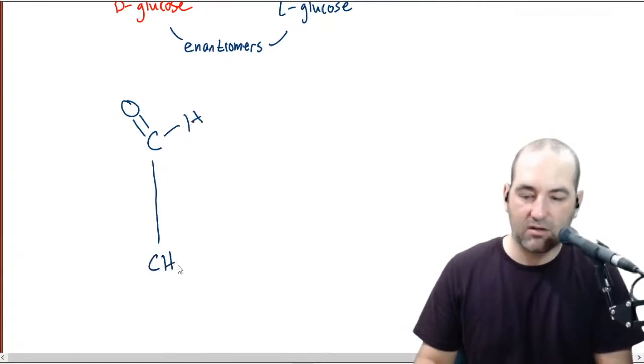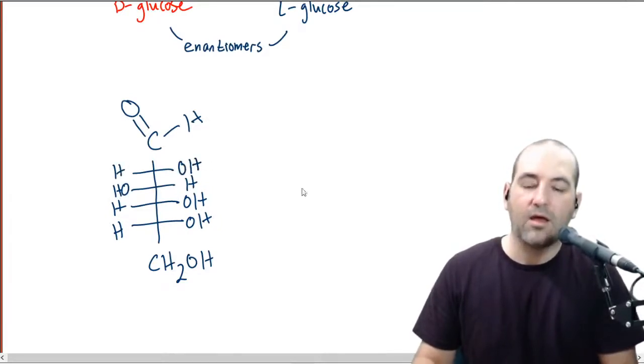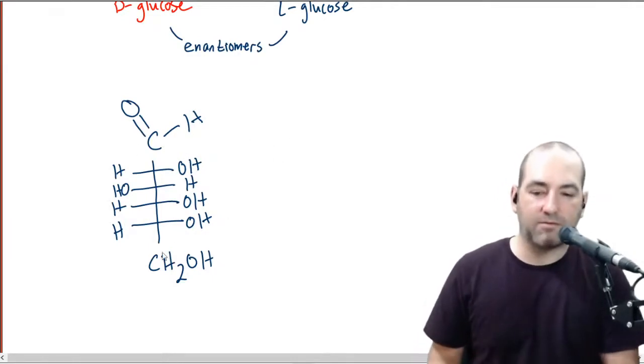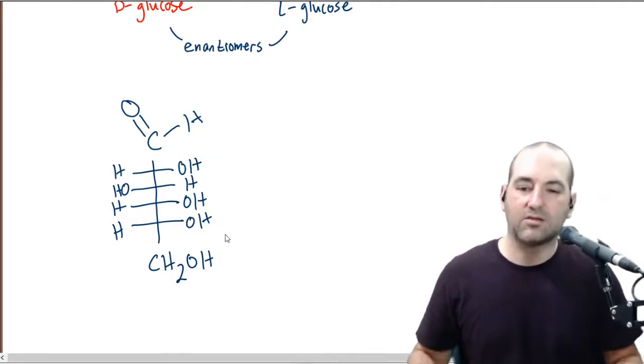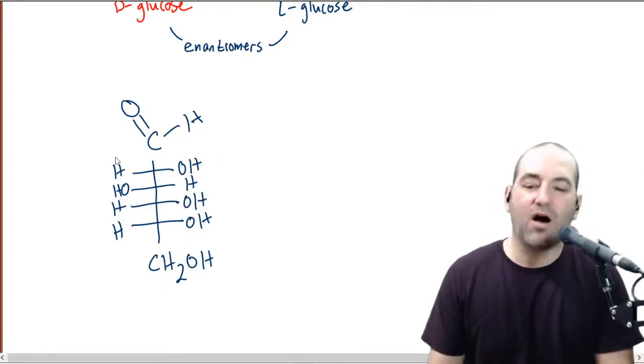So let's take our glucose, again, our D-glucose. We've been writing all these things in this Fischer projection format, but actually, when you look up structures of sugars, you often see them in a totally different form.